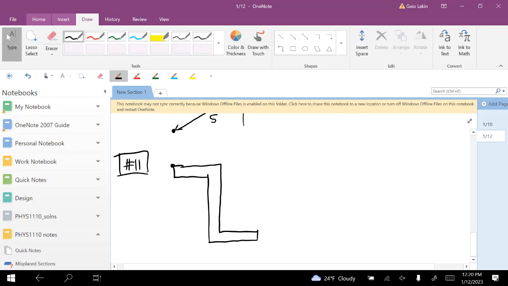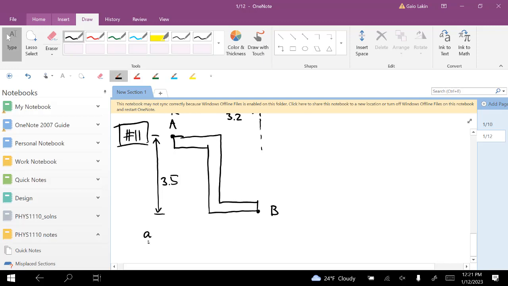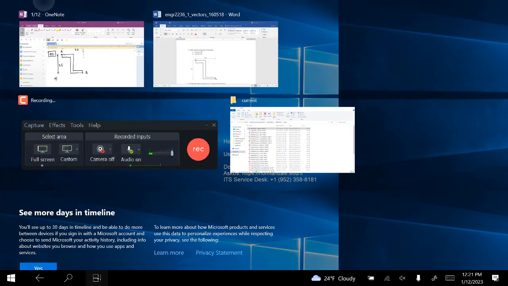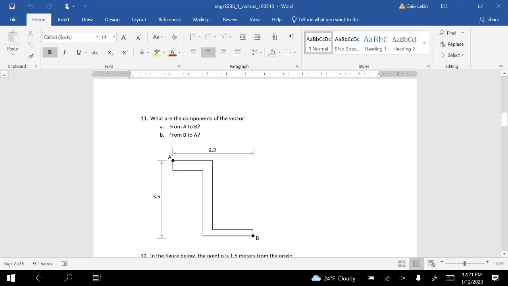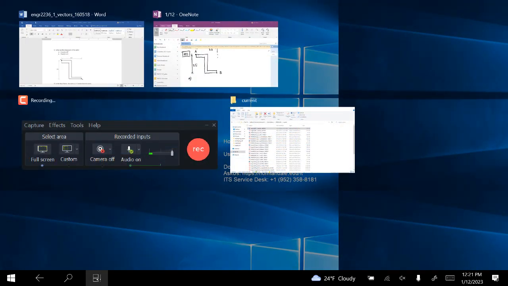Okay, so this is the point A, and this is the point B. And we're given that this distance is 3.5, and this distance is 3.2. Okay, so first, what is the vector that goes from the point A to the point B?